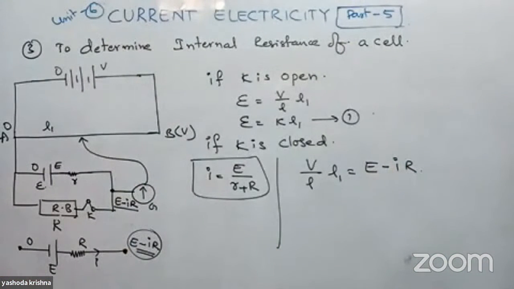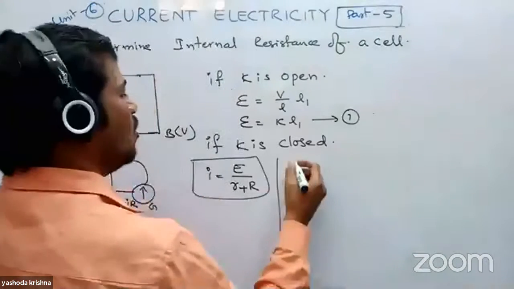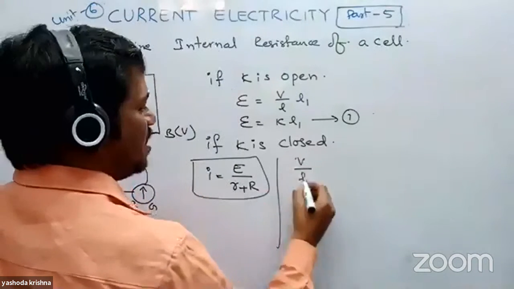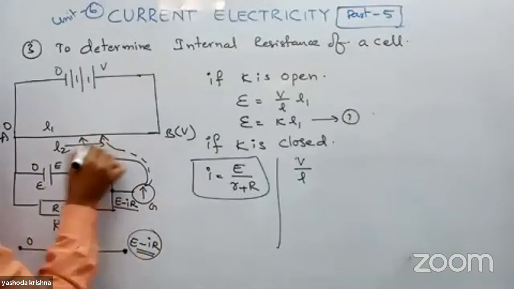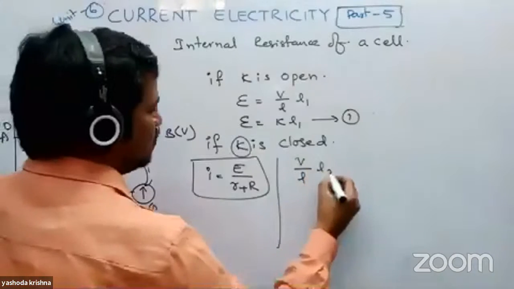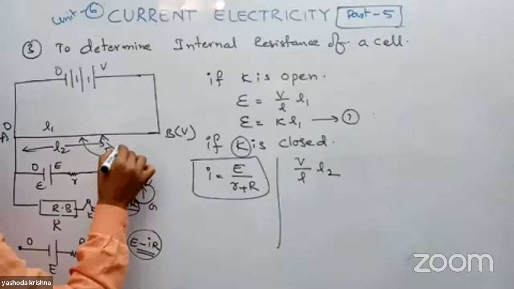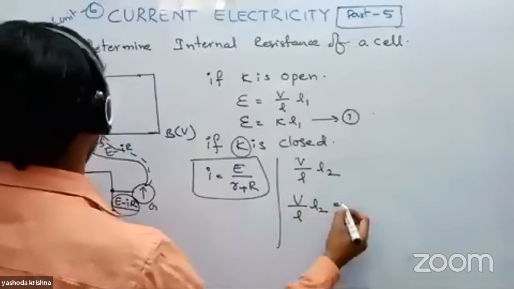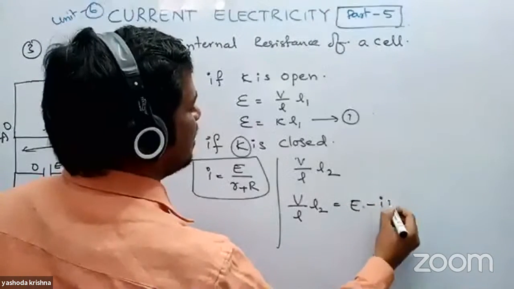So V by L into L2 is equal to E minus Ir.